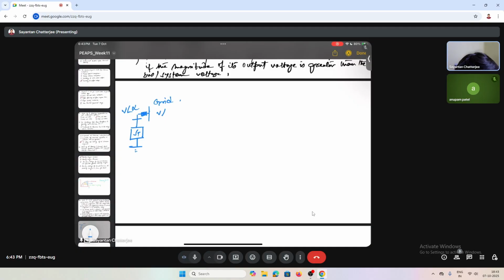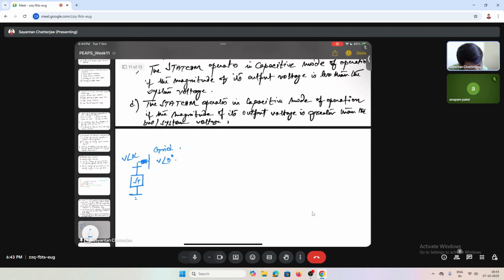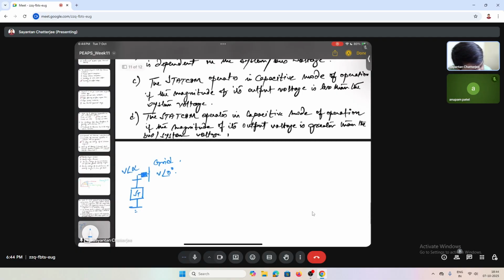So if the grid is V angle 0 and the Statcom is operating at some angle alpha, we can deliver power to the grid only if the magnitude of its output voltage is greater. I would like to state the capacitive mode of operation. If we just see the equation, this was the capacitive or Statcom voltage. I hope this was VC.